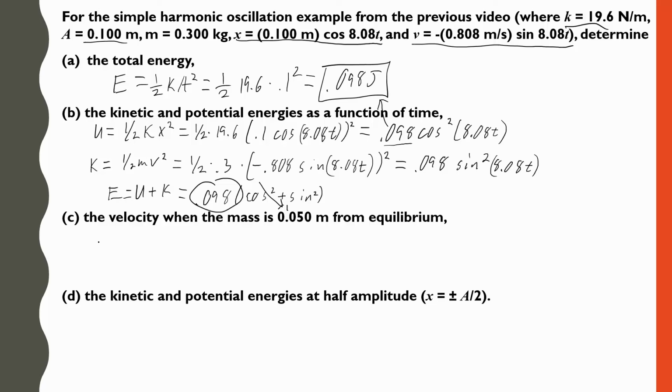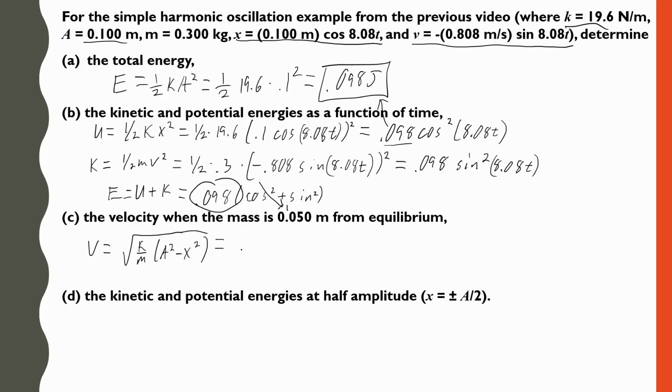Alright, we want to find the velocity when it is 0.05 meters from equilibrium. So here is where we get a chance to use our new equation. I'm going to leave the plus or minus off and just say that we're finding the speed. So that equation again was k over m times a squared minus x squared.